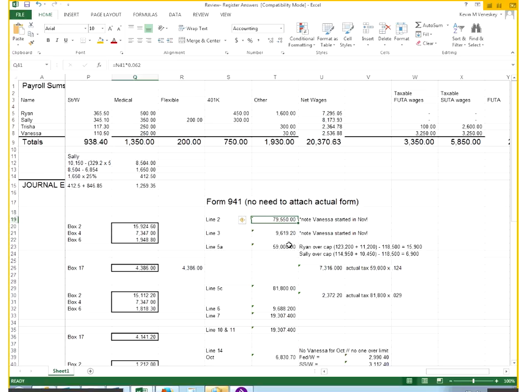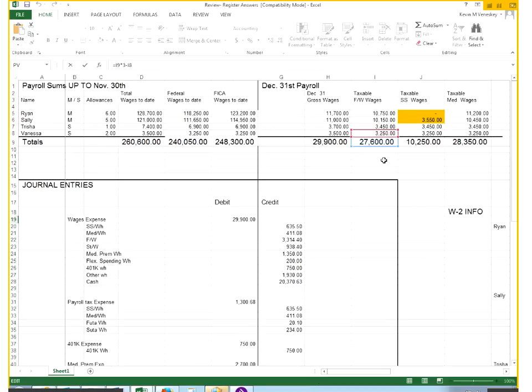Now, the part that's probably the hardest here is the Form 941. When I get to the federal wages, and you can follow the formula, the first thing the Form 941 wants is your total federal wages for that quarter. So here's our total federal wages for that month, 27.6.